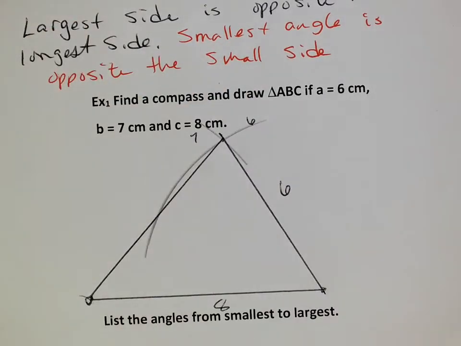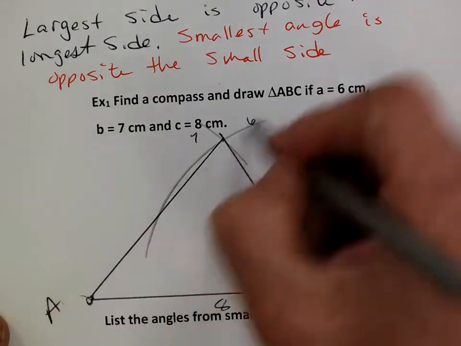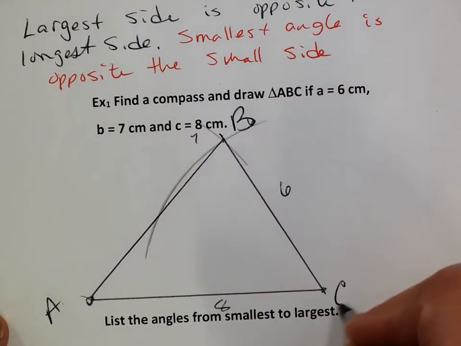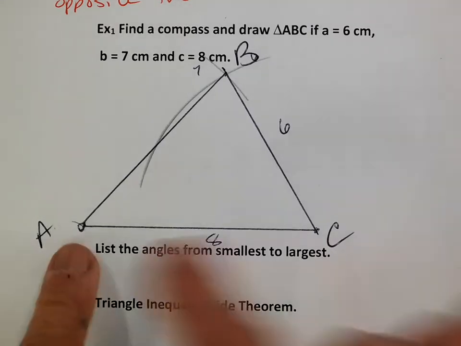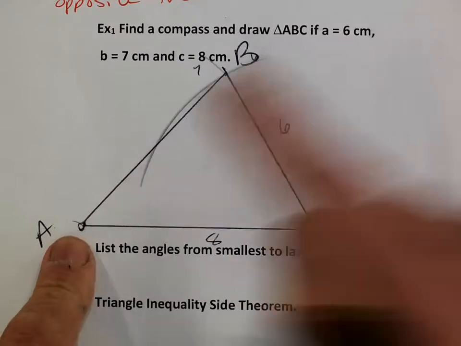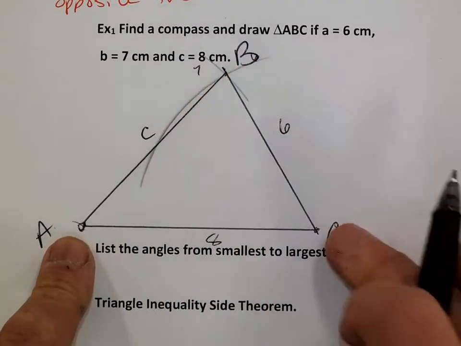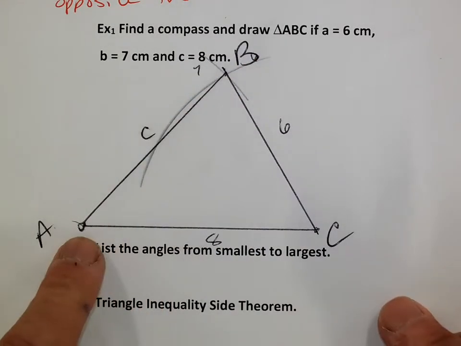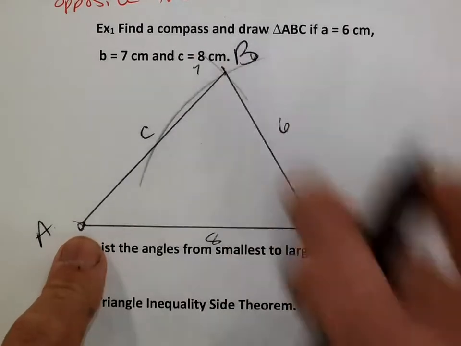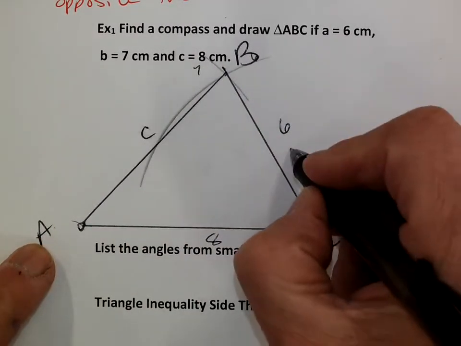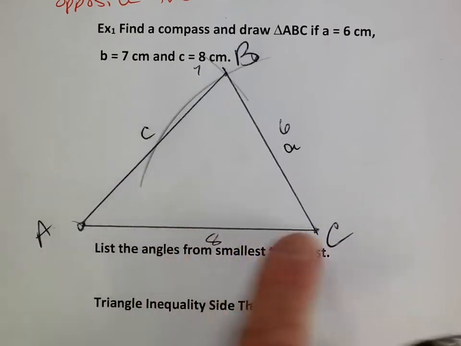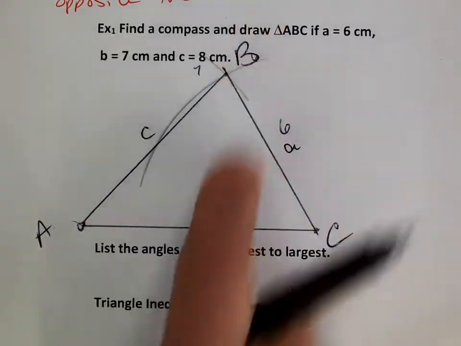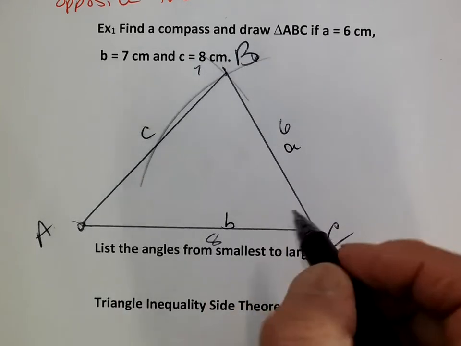Okay, let me label my triangle as triangle ABC. And then another way to label triangles, and I like this: side AB we just call little c because it's opposite C. Side BC we'll call little a, because it's opposite of angle A. And side AC, let's call it little b, because that's the way we do things.